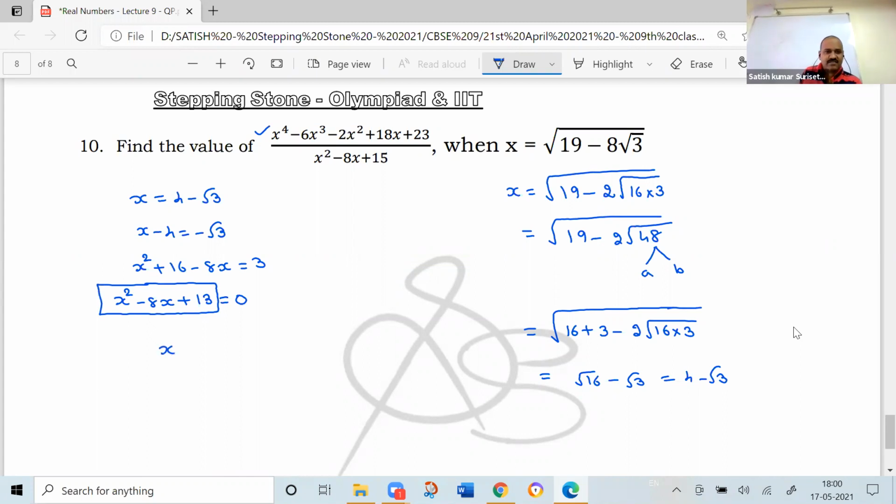So x power 4 minus 6x cube minus 2x square plus 18x plus 23. So divide with x square minus 8x plus 13. Why are we dividing with this? Because this value is 0. So when you divide with this, then you can get the simplified form very easily.